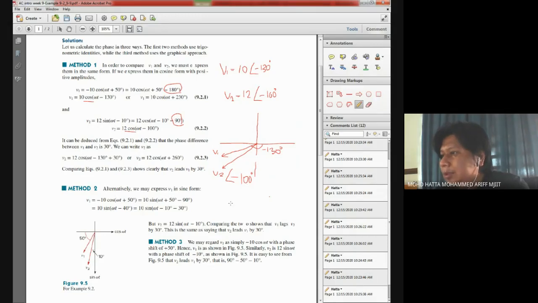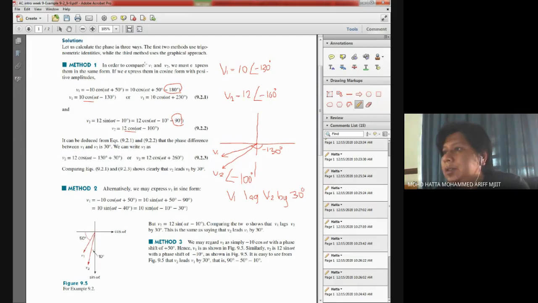Looking here, we say that V1 is lagging V2 by the angle difference you see over here. So the angle difference over here is 30 degrees.